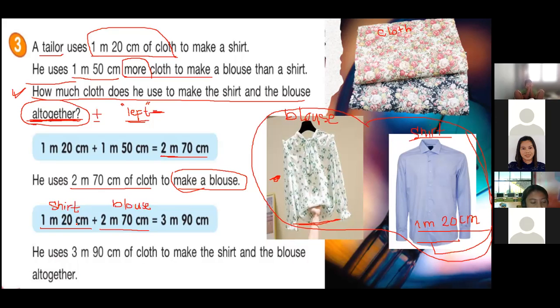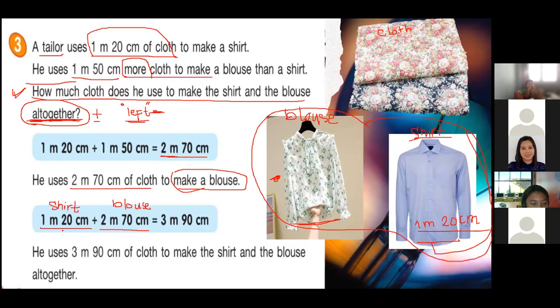Okay, so we already know the cloth that we will use. For the shirt we will use 1 meter and 20 centimeter. In making a blouse we will need 2 meter and 70 centimeter.